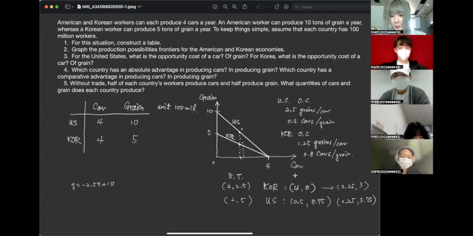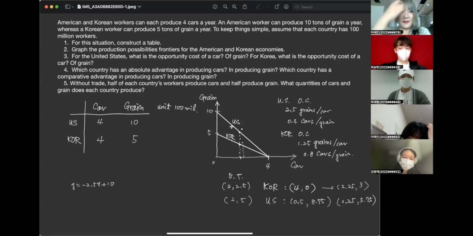Because the x-axis is cars, we base it on the cars. For an additional 4 you produce, you need to give up 10. So negative 2.5 is the slope of this PPF. Everybody agree with this? So if you change the axes between cars and grains, the slope should be negative 0.4. How could I get it?